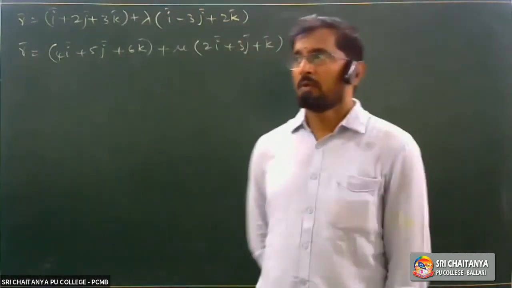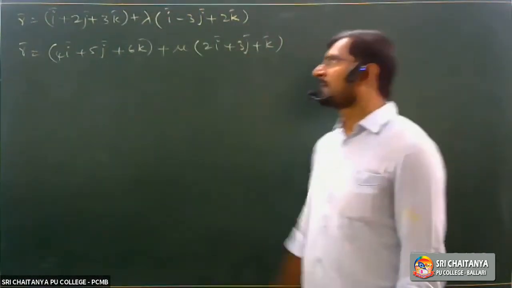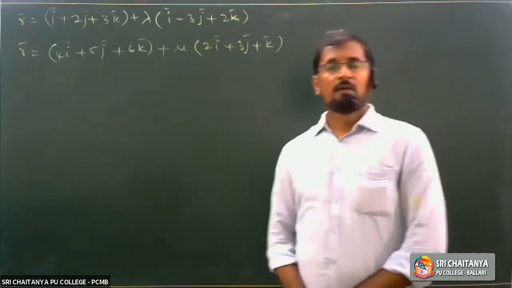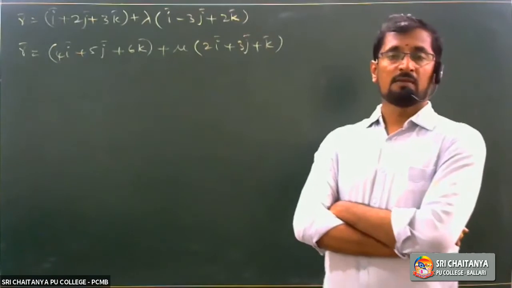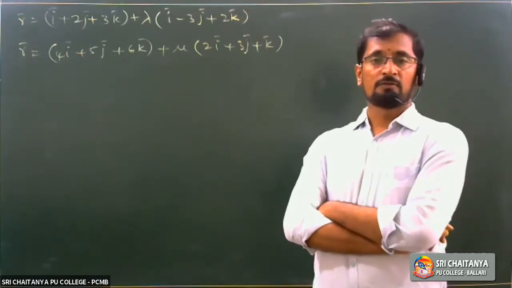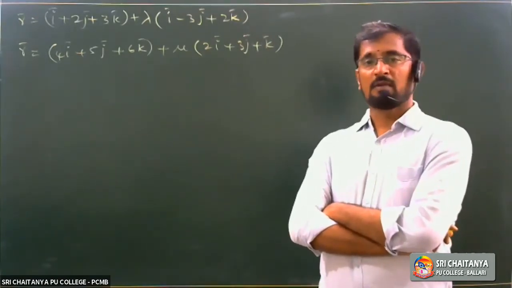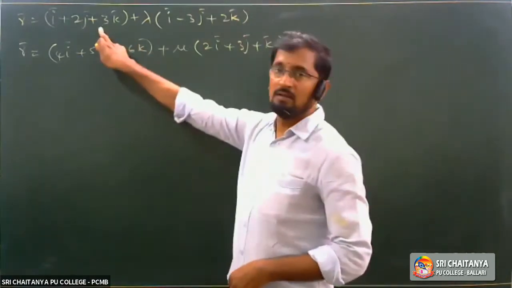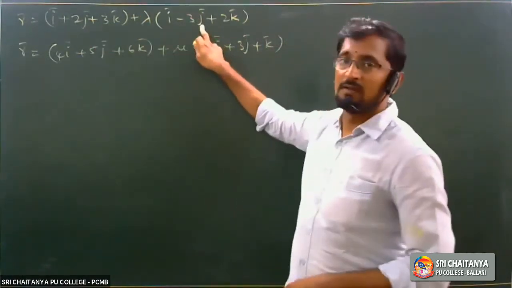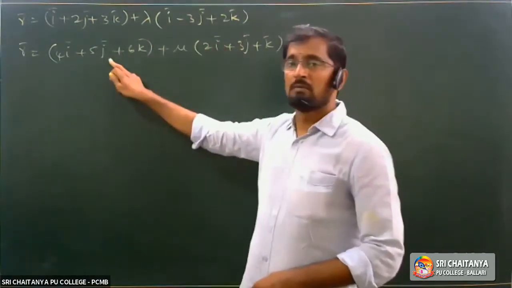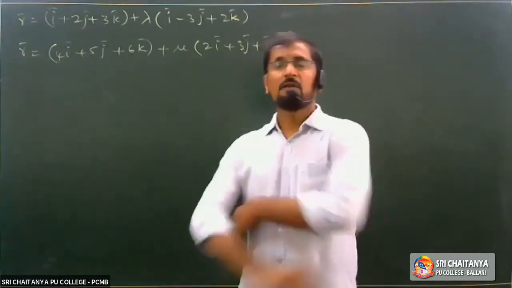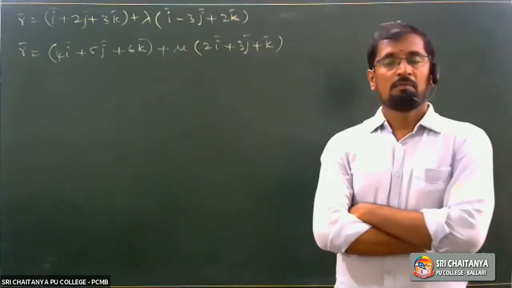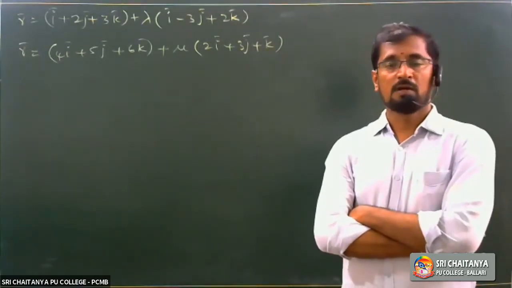I hope you wrote this one, right? First of all, compare the given lines with R bar is equal to A1 bar plus lambda B1 bar, A2 bar plus mu B2 bar. After that, you should find out B1 cross B2 bar.